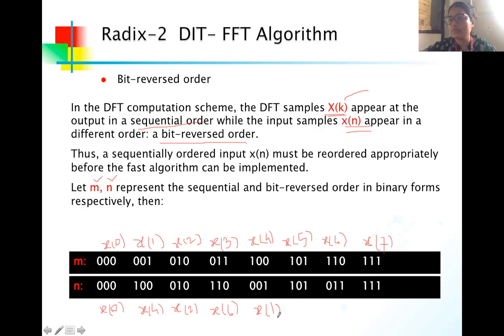The entire range has now been reordered. So x of 1 followed by 1 0 1, which is x of 5, 0 1 1 is representing x of 3, and 1 1 1 is representing x of 7. So the entire input is now reordered or shuffled or bit reversed. So this is the requirement, that we should apply input to the DIT algorithm in the bit reversal manner.